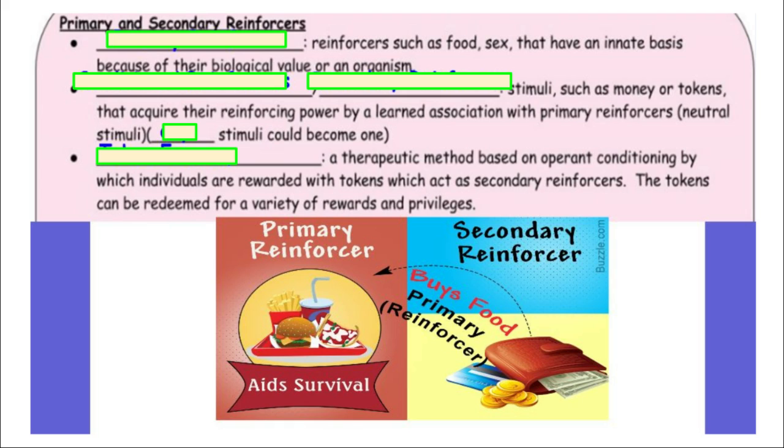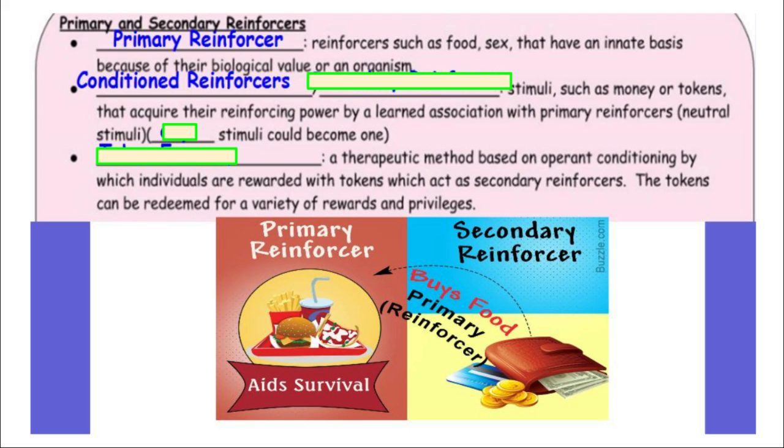So primary and secondary reinforcers. Primary reinforcers, this could be anything from food, sex, anything that has an innate basis because of their biological value to an organism.